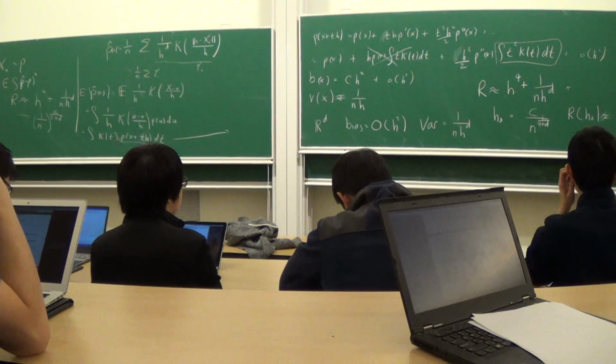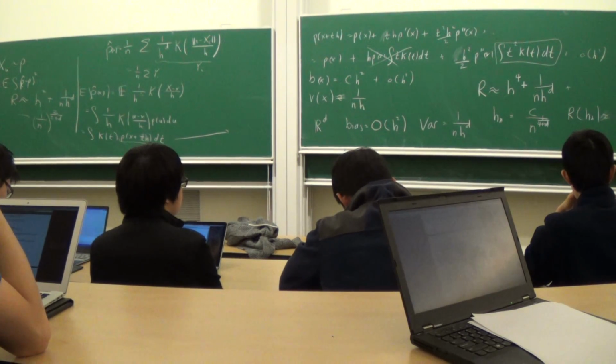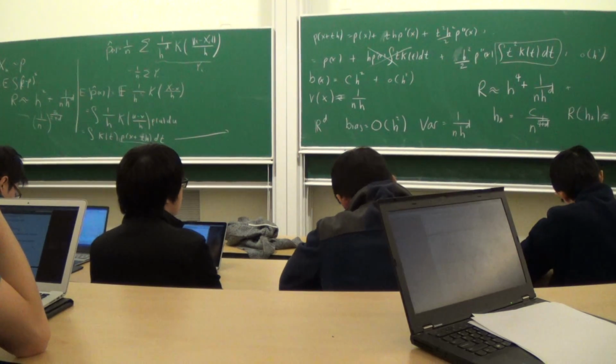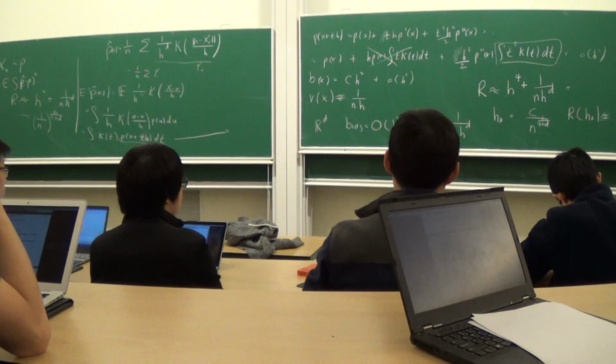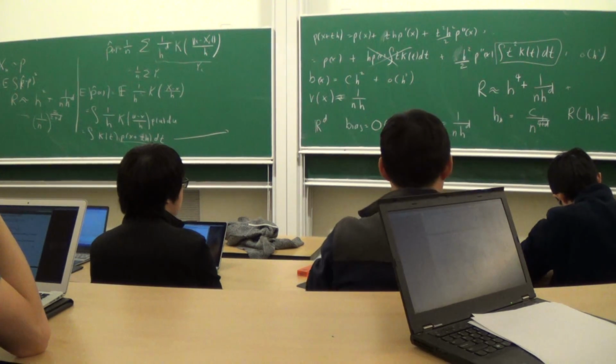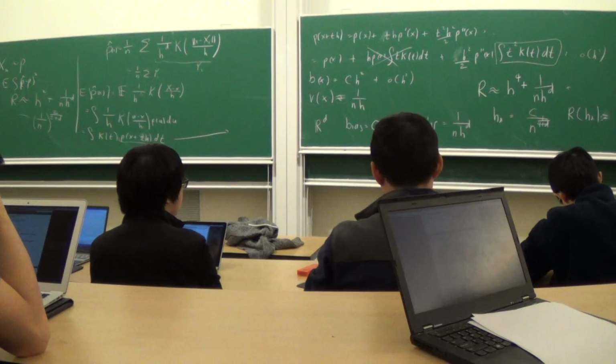That's faster than the histogram. But we're also making slightly stronger assumptions. For the histogram analysis, we only assumed that the density was Lipschitz. Here we're assuming that there are 2 derivatives. So we're assuming a bit more, but in return we're getting a faster rate. In particular, in one dimension, we get 1 over n to the 4/5.